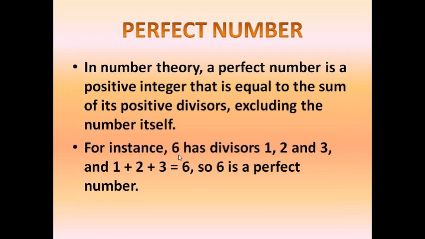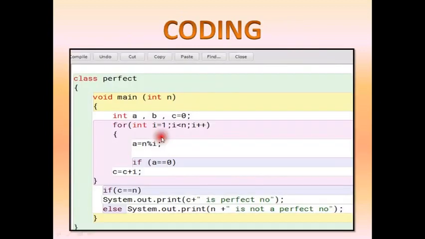So again, we are running a for loop. We are finding the divisibility, and just like the previous programs where we had c equal to c plus 1, here we are adding c equal to c plus i. It means that if the number is a factor, it's getting added. Also note down, we are not doing i less than or equal to, we are just doing i less than n.